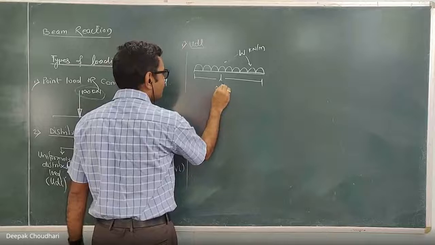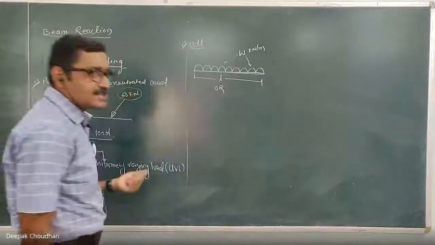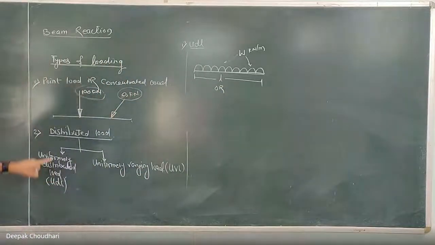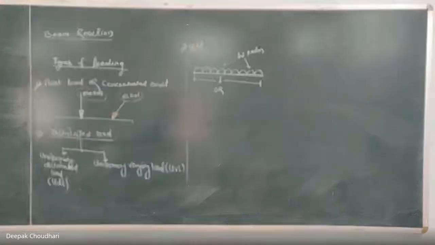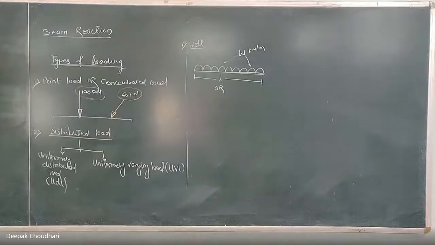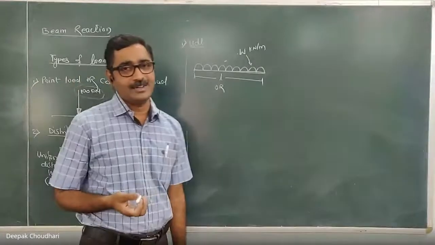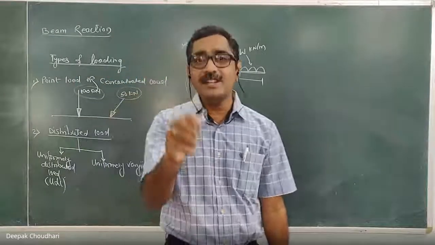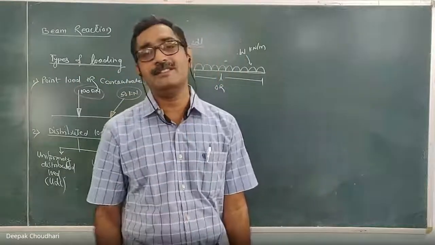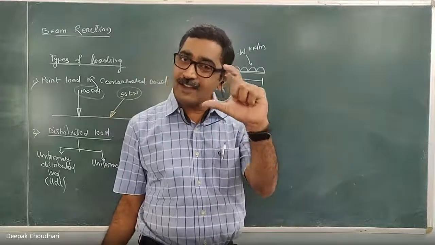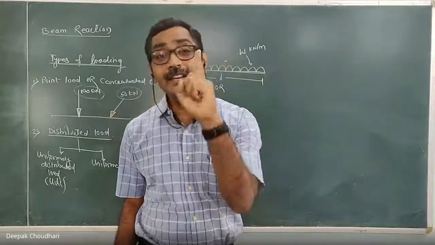Here, this distributed load, कैसा भी distributed load रहने दो, uniformly distributed or uniformly varying load, clear? Whenever there is a distributed load, that distributed load is also represented graphically. Now remember, when we represent the distributed load graphically, the height of that graphical figure represents the intensity.